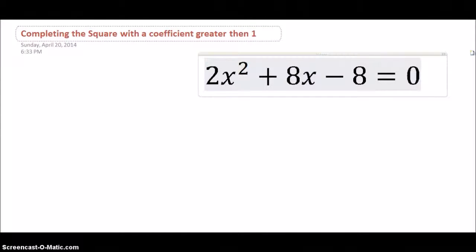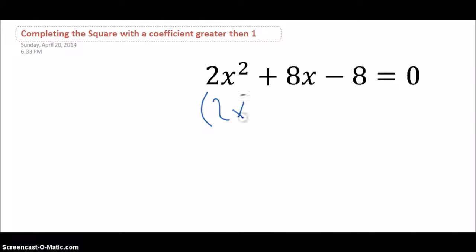So now we're going to move on to completing the square with a coefficient greater than 1. As you can see, we have a 2. We're going to start with the same concept that we did before. We're going to put down some parentheses. We're going to get 2x squared plus 8x, plus something, leave a little space for that, minus 8 equals 0.